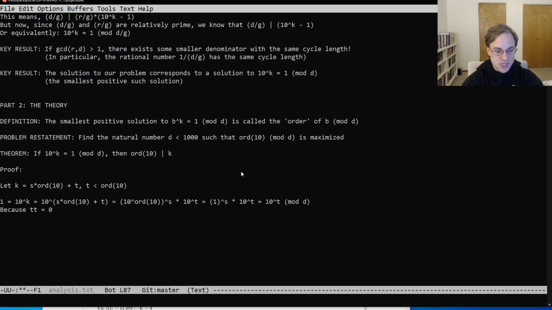We'll just say, because t is less than ord 10, t is equal to 0. So putting this back into our equation up here, we get k is equal to s times ord 10, that is, ord 10 divides k, which is what we were trying to prove. Okay, great.